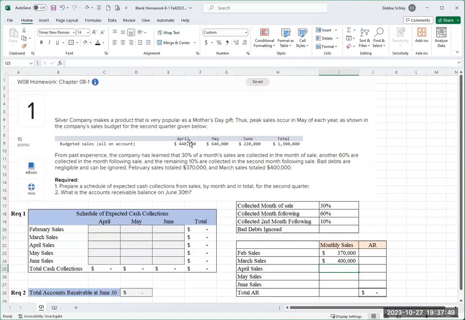Okay, and then from this budgeted sales, we have April is 440,000, and then May is 640,000, and then June is 220,000.